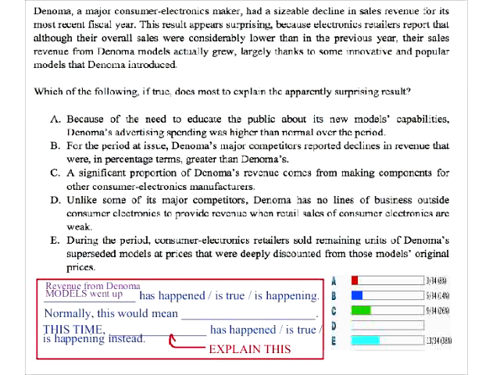But the overall sales for the whole Denoma company went down. That's the wrong blank. Normally, what this would mean is that the Denoma company's sales would go up. If your sales of your model products go up, normally this would mean the whole Denoma company's sales would also increase.